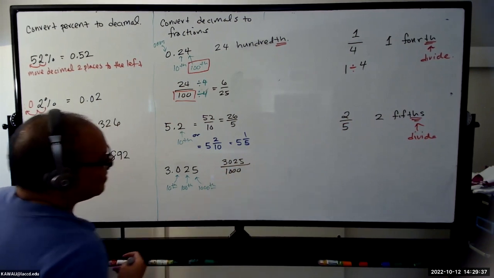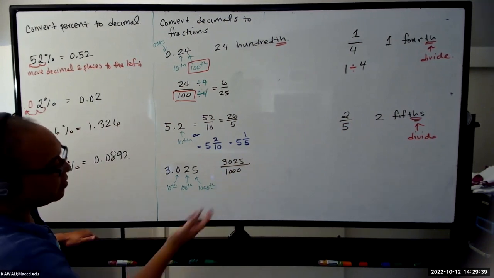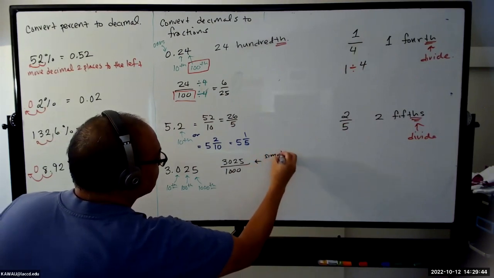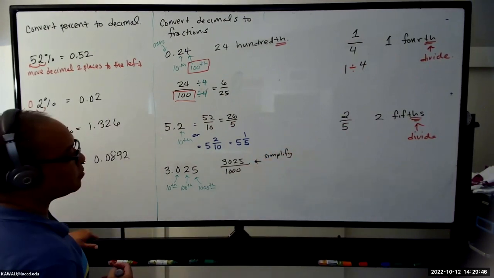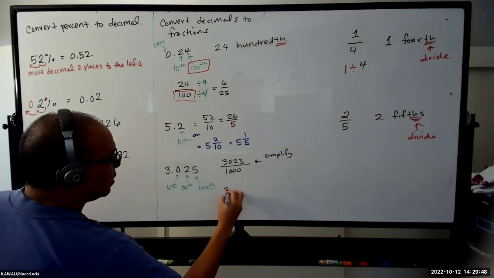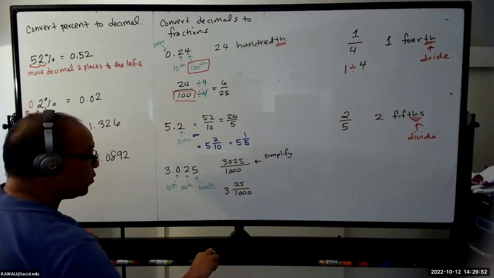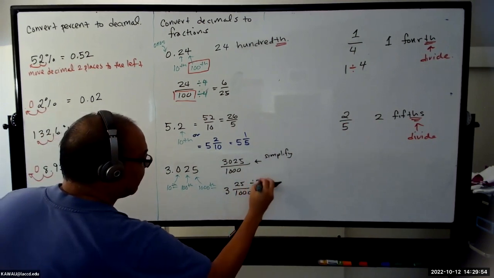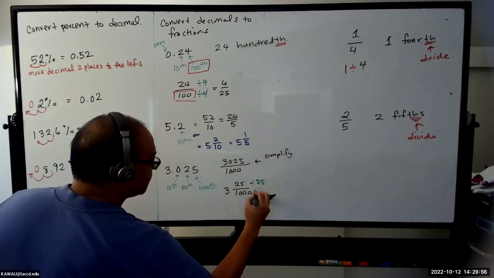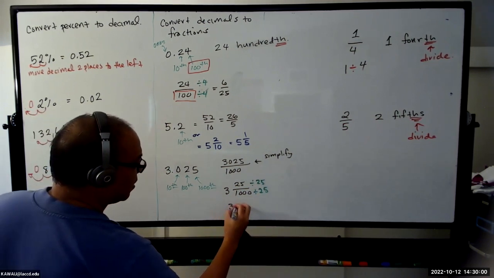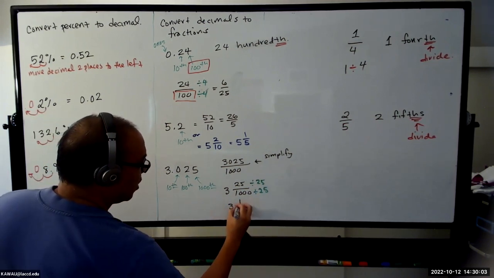And I don't like that one that much, right? Because you still have to simplify. I think it's much easier to do 3 and then do 25 over 1,000. And then when you divide both of these by 25, you'll get 3. I think 1 over 40.